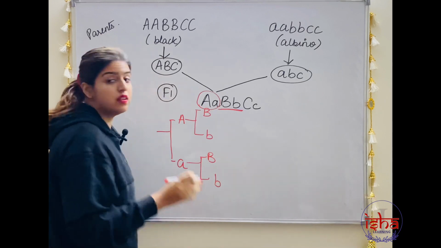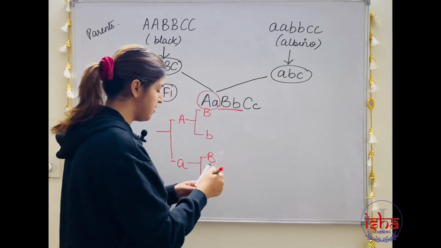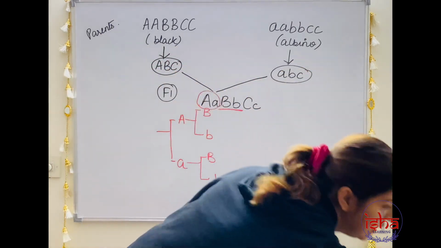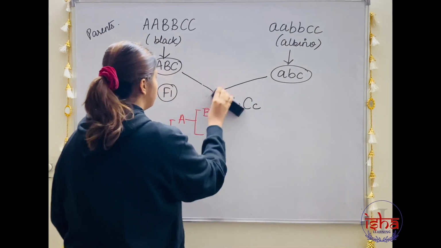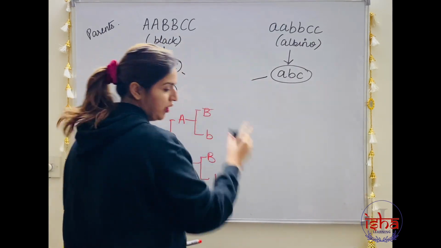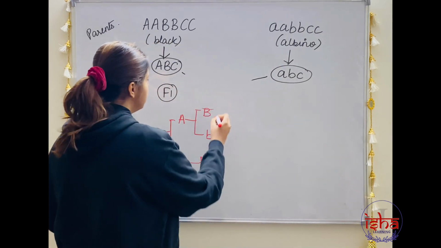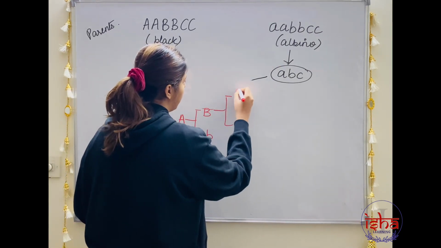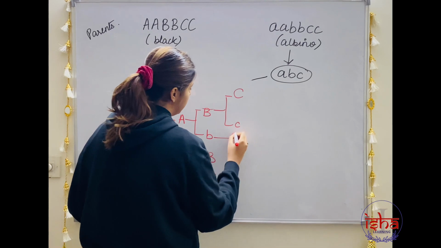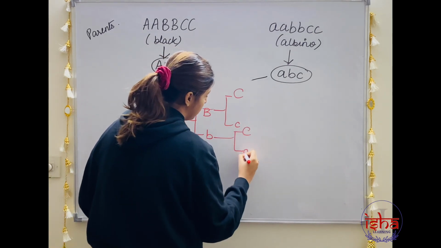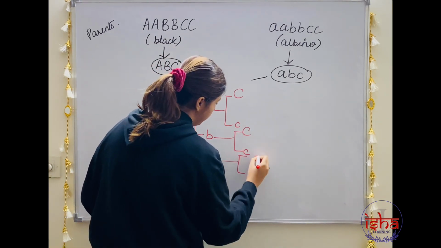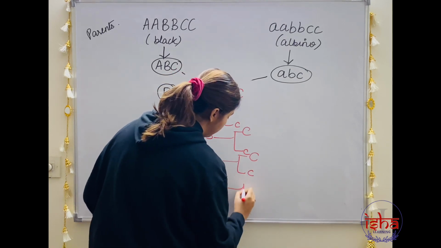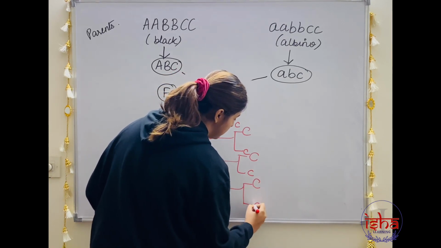Now come to the third gene and again list down both the alleles in both the cases. I just require some more space here. So now I do this for the C gene. So I had one capital C, small c. Capital C, small c and capital C, small c.